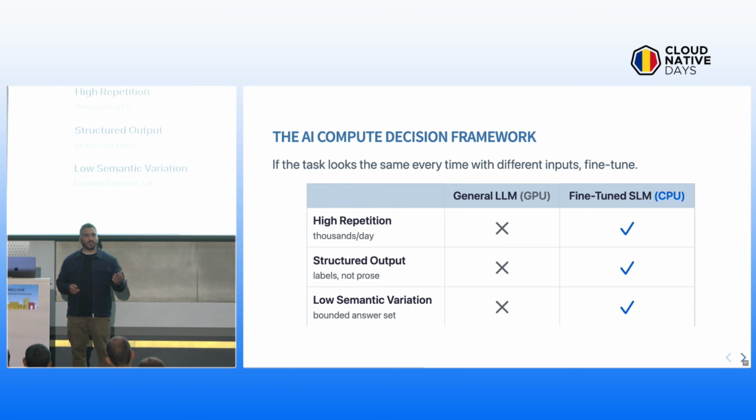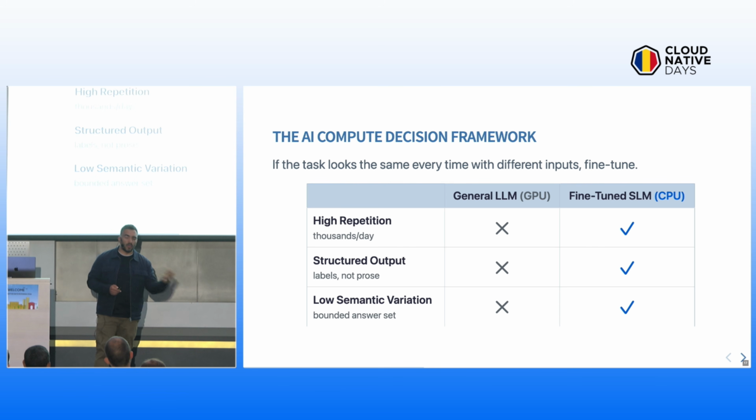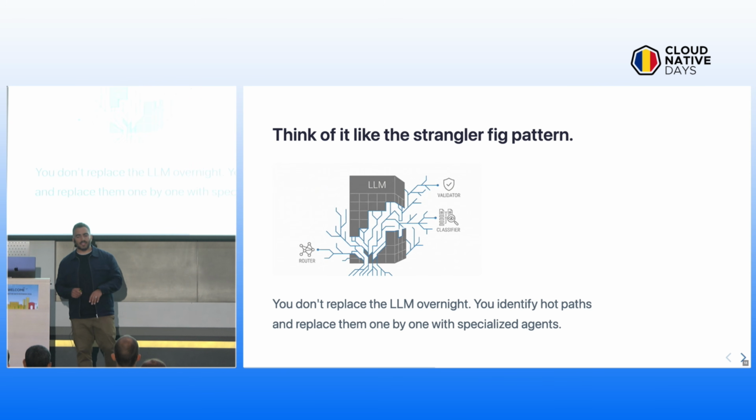When you have structured output in a multi-agent system, you might have other agents where you would like to return structured output, and those workloads as well, or agents where you would like to have a low semantic variation. For that, use SLMs.